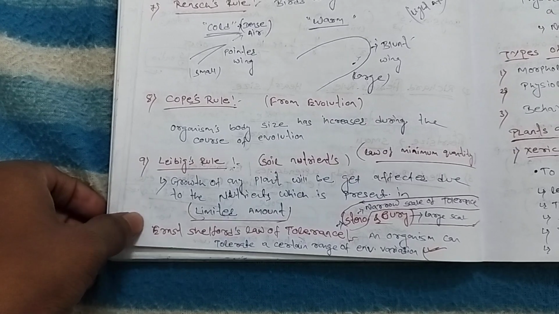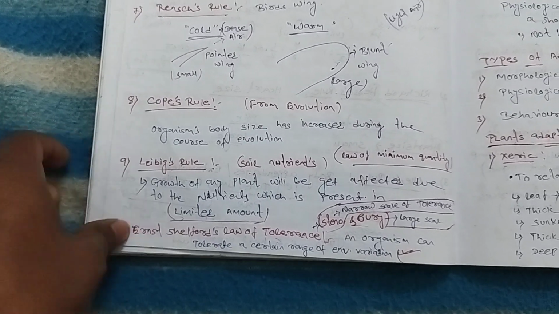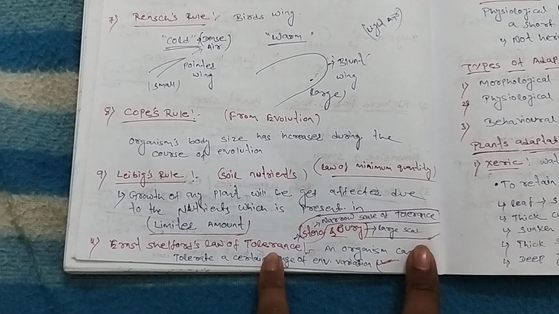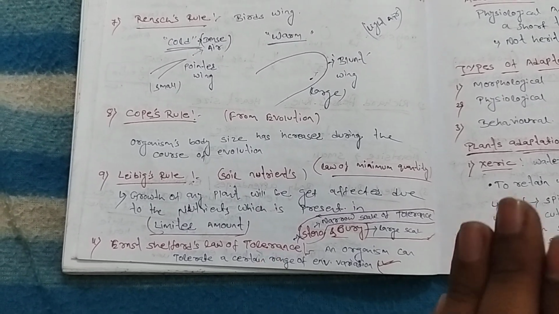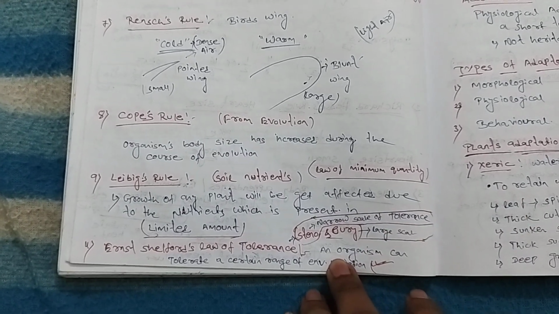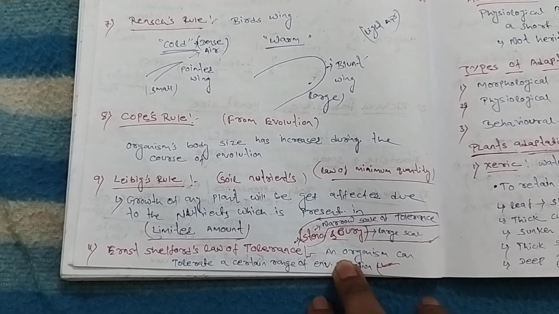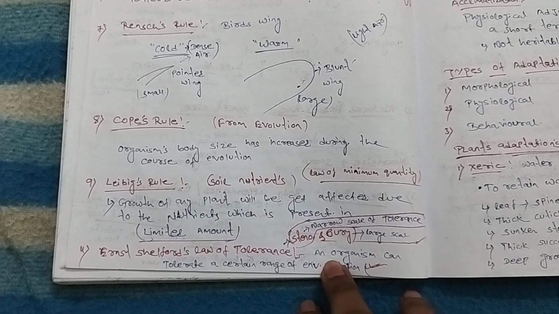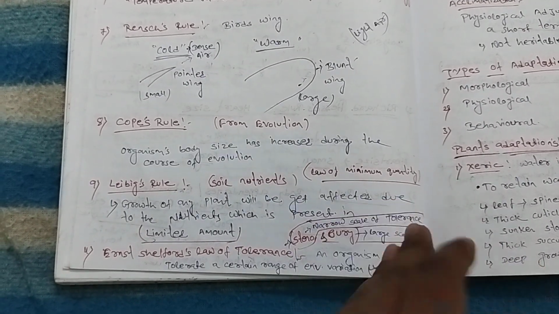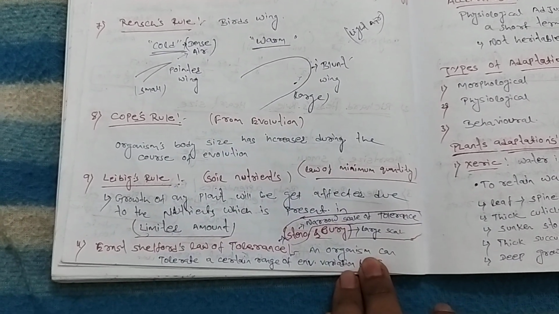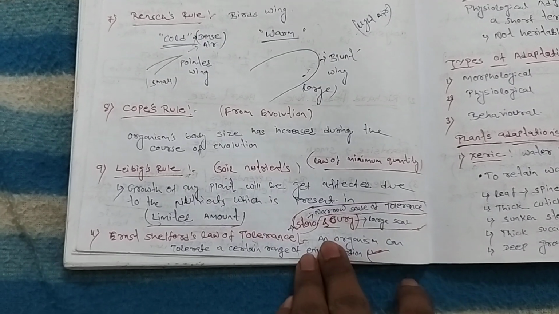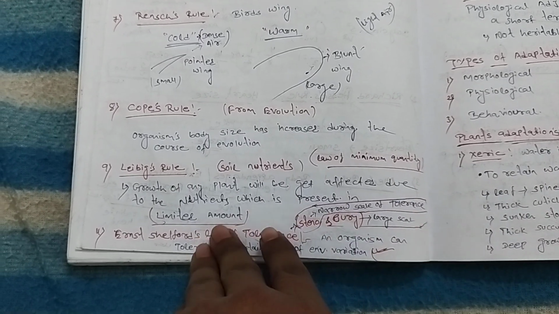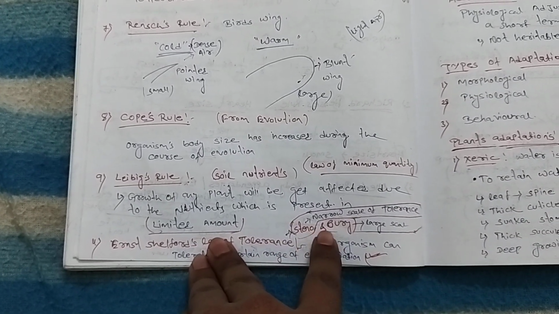Then come to the 10th rule, that is Victor Shelford's law of tolerance. This rule is most appropriate, as it says that there is an optimum value at which the organism shows the best growth, and any deviation from this optimum quantity will adversely affect the growth of the organism. So accordingly there is a range of tolerance within which the organism can survive.